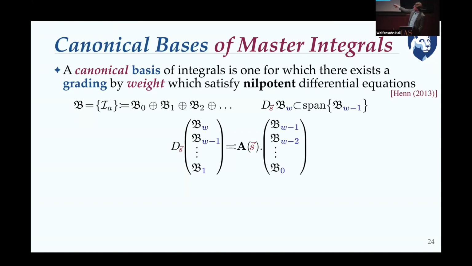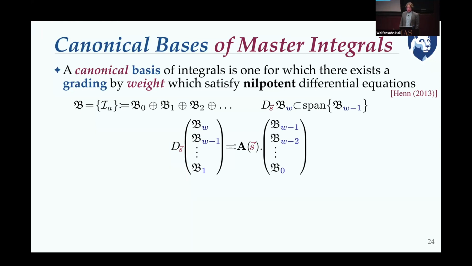When you hit a differential on anything in the w stratum, you go to something strictly lower in the strata. If you have a basis organized in this way, which we say satisfies nilpotent differential equations, then we call the level w its weight.